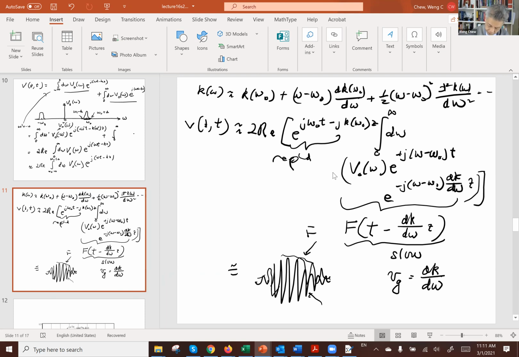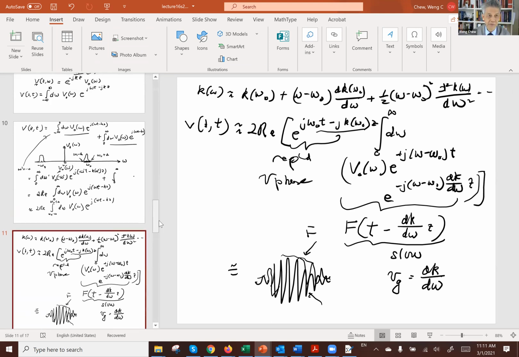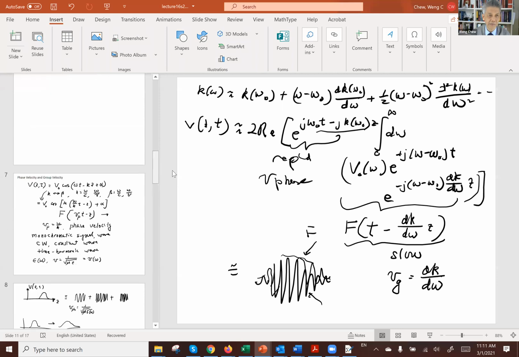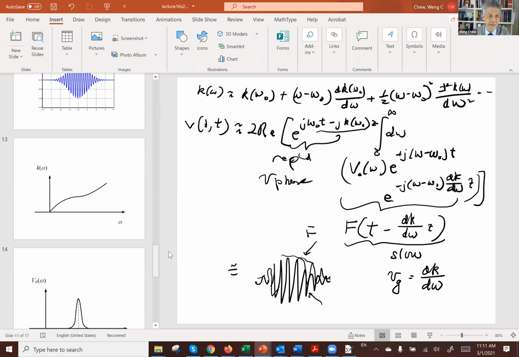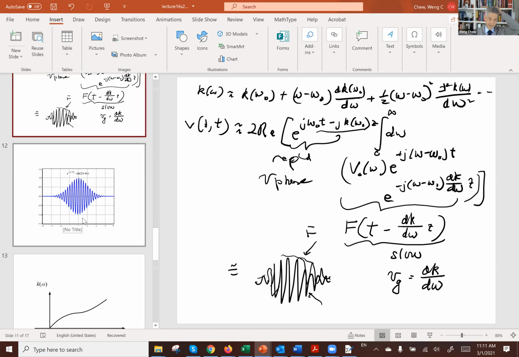So you can see that when you have a broadband pulse, like what we have here, then it is not extremely broadband, but narrow band enough so that you can do this Taylor series approximation. You have a wave that travels with its carrier at the phase velocity, but the envelope is traveling at the group velocity. Are there any questions regarding this?